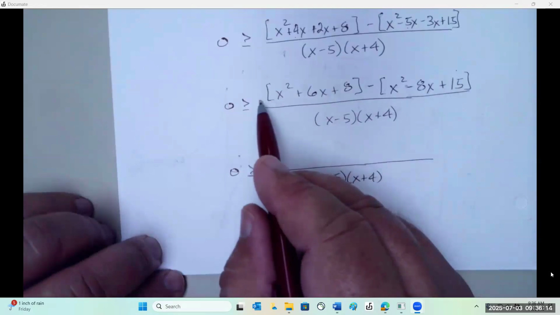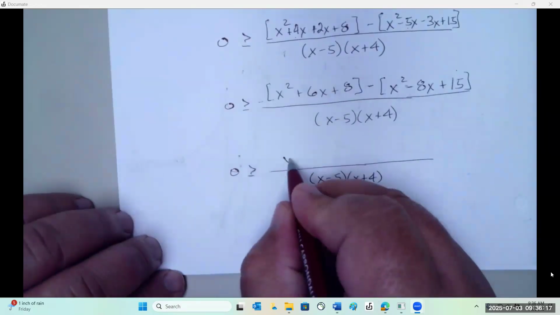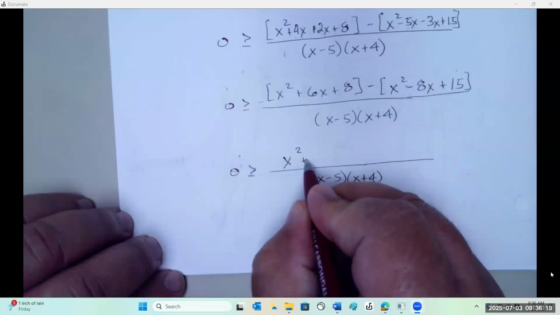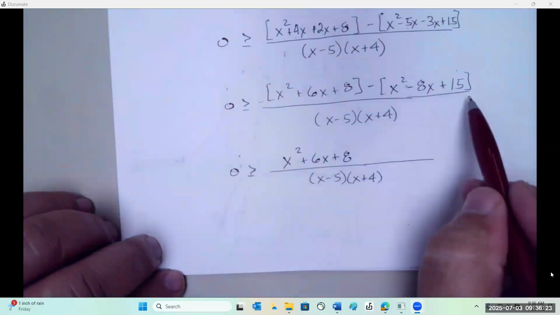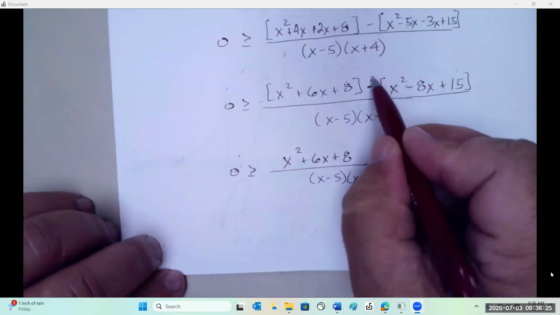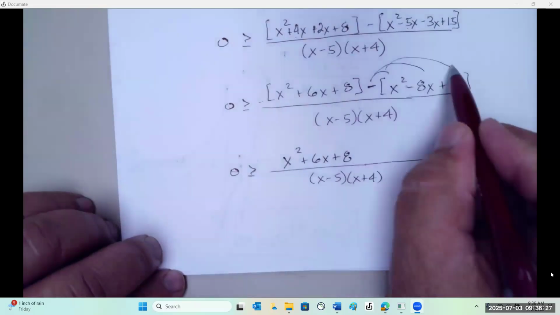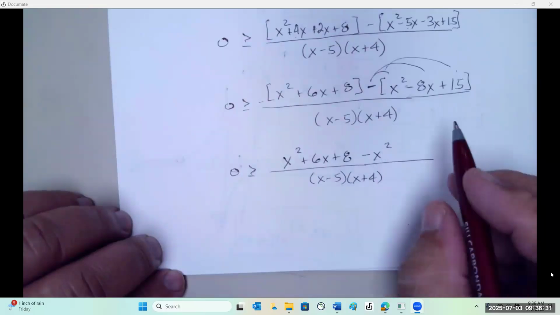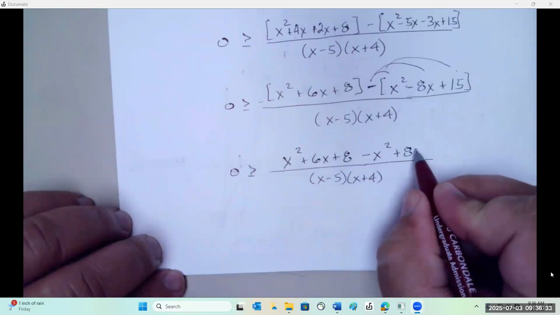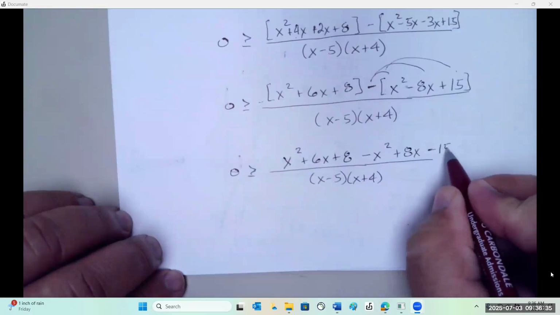So the first one, since there's no coefficient, I can just drop the brackets. The second one, since it has a minus sign, I have to change every sign inside there. So it becomes a negative x squared, becomes a positive x, and a negative 15.